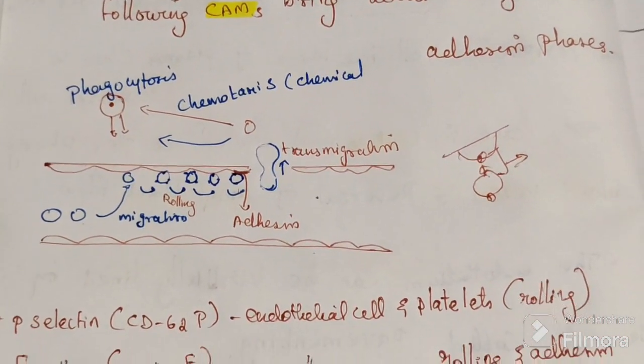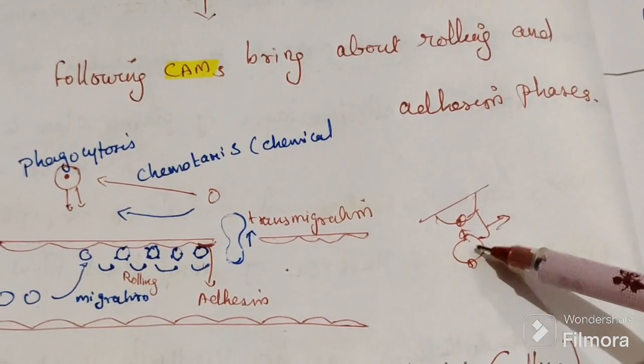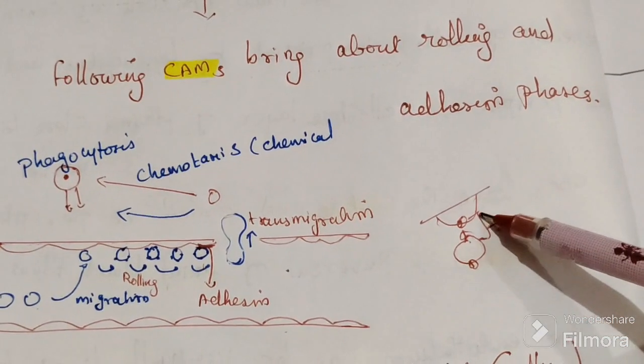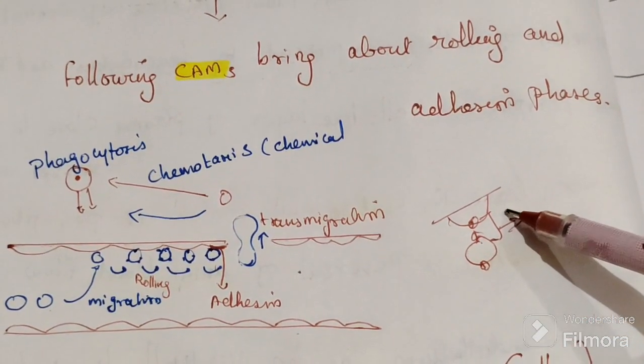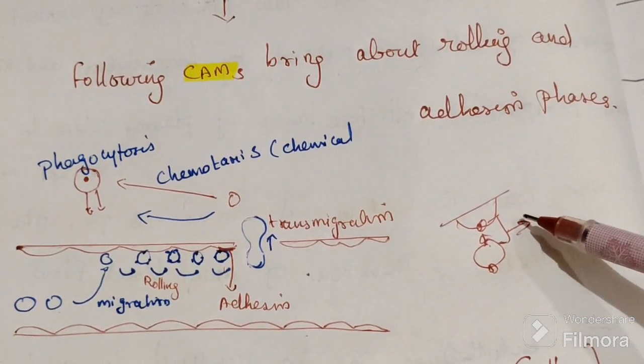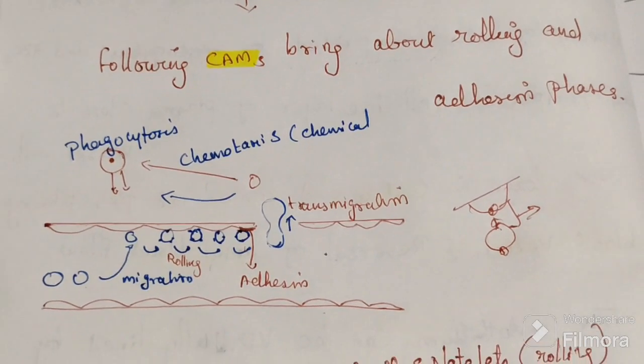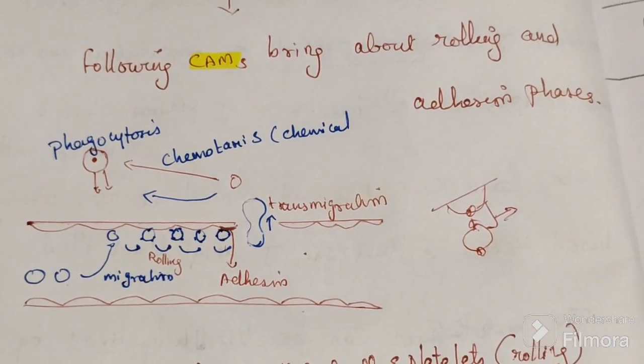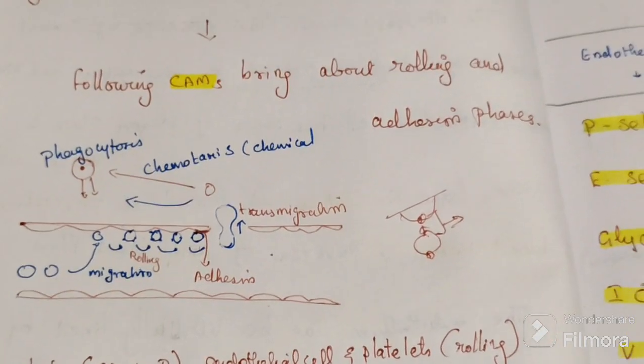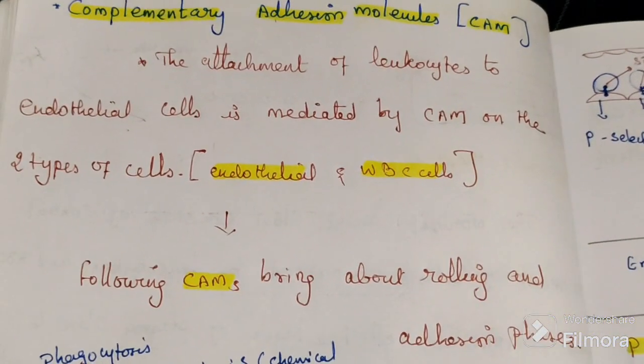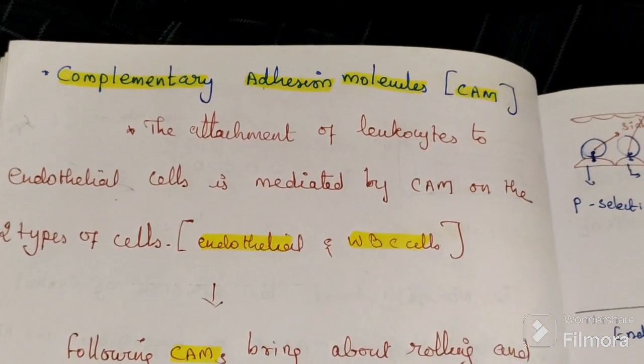Now we know the cells have receptors, and the endothelial cell also has receptors. Now what is the mechanism, and what is the name of the corresponding receptor? Complementary adhesion molecule, CAM.